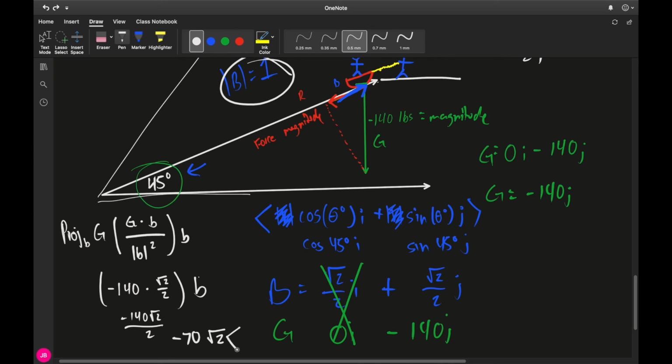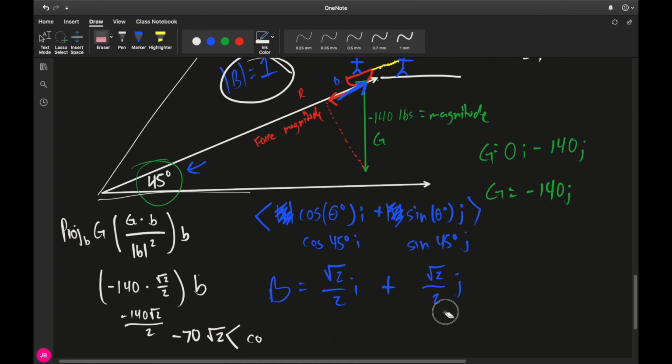And the component form of b, if you guys remember, is cosine of 45, sine of 45. But we actually don't need this, and let me explain why. Because if you remember, the original formula is the magnitude times the cosine of theta, and the magnitude times the sine of theta.